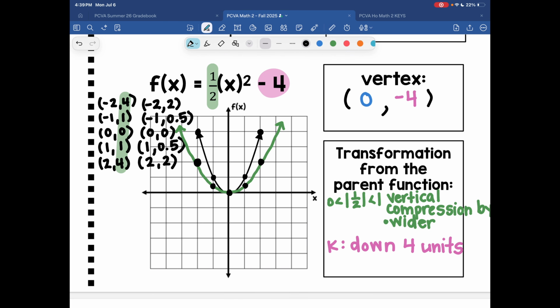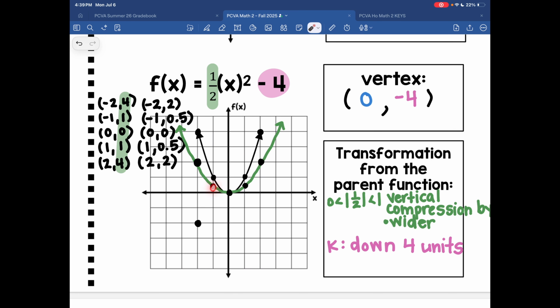Okay, now that we've done that, we're going to end this by actually doing the transformations with the vertex. So we didn't have a left or right, but we're going to go down 4. From every point, so from this point that we just graphed in green, I'm going to go down 1, 2, 3, 4. So there's my new point. All right, I'm going to go down 4 again. So this is at 0.5.